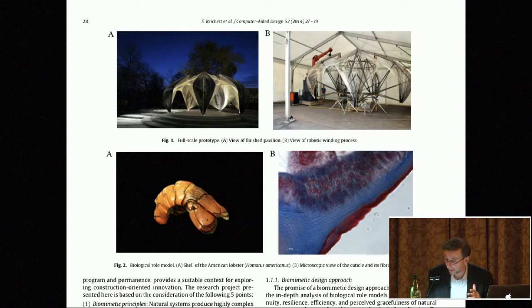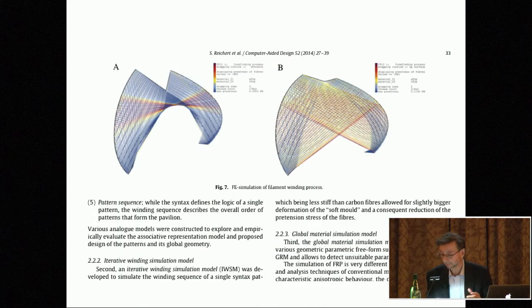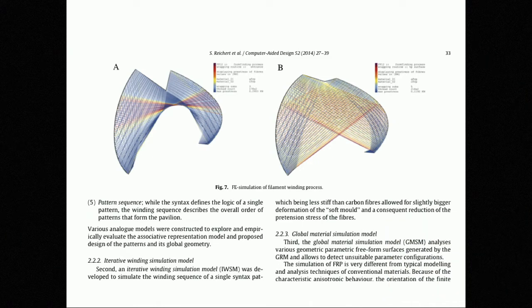Then they simulated the structural behavior of the first model using standard computational finite element analysis. Based on the result of this first simulation, some aspects of the design were randomly tweaked, changing the geometry of the shell or the internal layout of the fibers. The finite element analysis simulation was then rerun on this second model, and so on. The process was repeated many times over until the authors were pleased with the results.